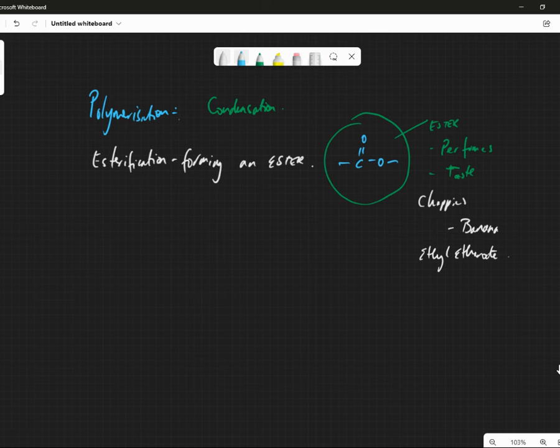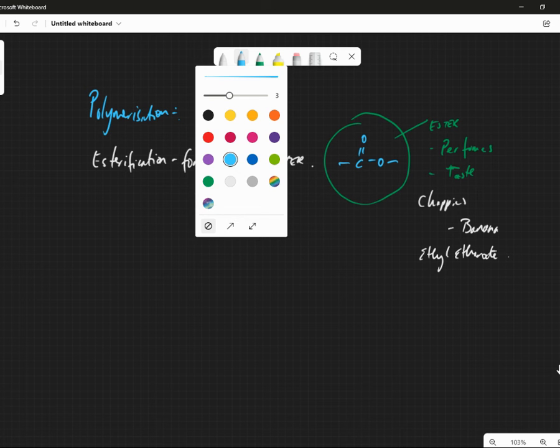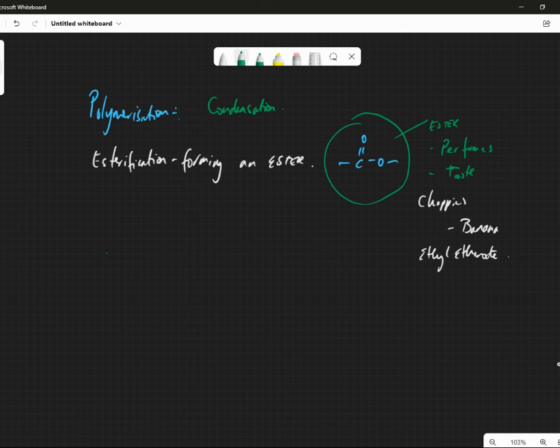But how do we form an ester? An ester is formed when a carboxylic acid reacts with an alcohol. Okay, and when a carboxylic acid reacts with an alcohol, we get an ester and water. Okay, now this type of reaction, when two molecules come together to form quite a big molecule and a small molecule splits off, this one splits off.